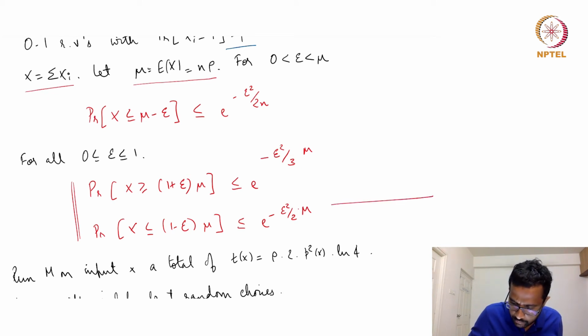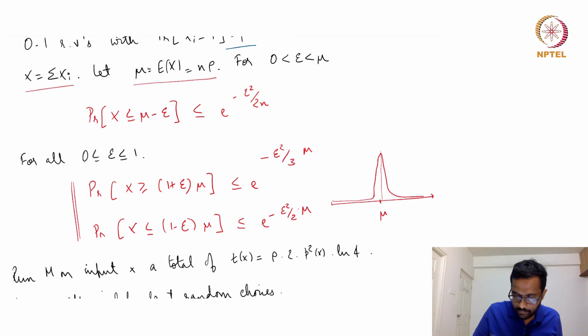So what it actually says is that if x is, this is the mean of x, mu, if we have done sufficiently many trials, then we are likely to see x being very closely concentrated around the mean.